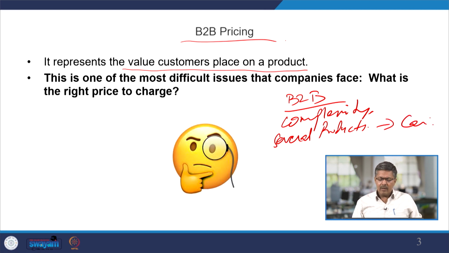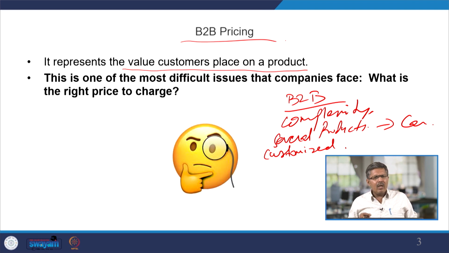Then B2B products are heavily customized, right? So customized means what? They are designed according to the requirement of the customer. The specification and the measurement are given by the customer, what he or she wants, what the company wants, and accordingly the seller would customize the product and make it according to the requirement of the buyer.